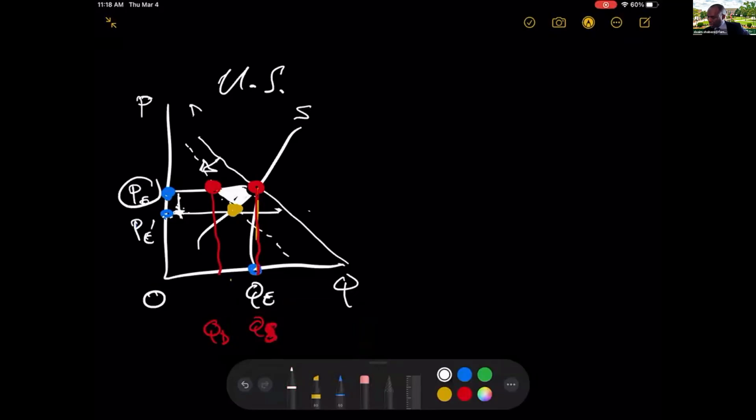This is 0. This is infinity going all the way out. So if quantity supplied is greater than quantity demanded, what does that represent?